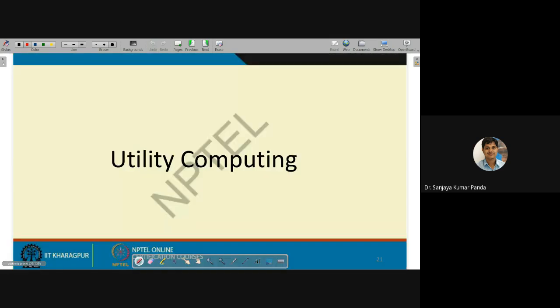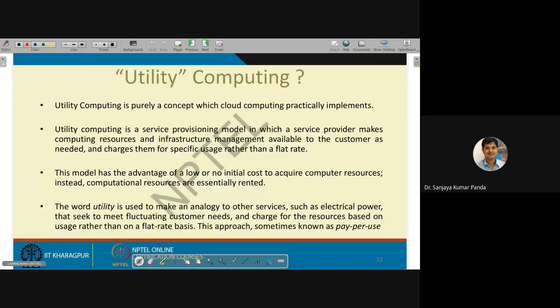And the last part that we are going to discuss in the trends of computing before we start cloud computing is called utility computing. In utility grids, I mentioned water, electricity, gas, and telephony. The main objective of utility computing is to provide such types of services.